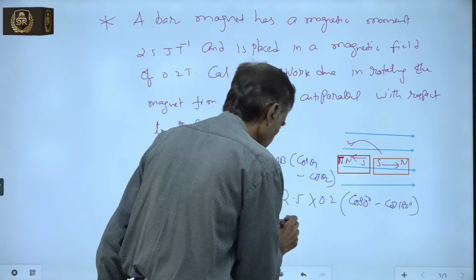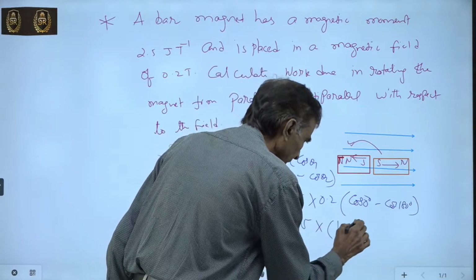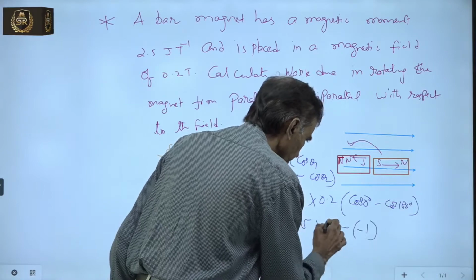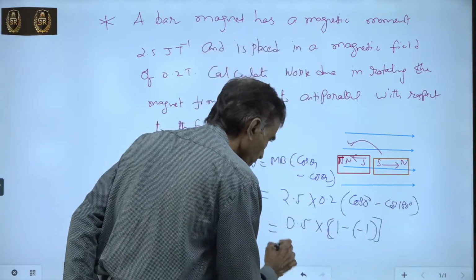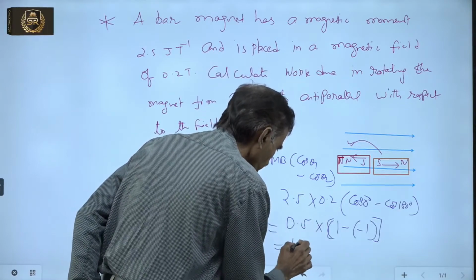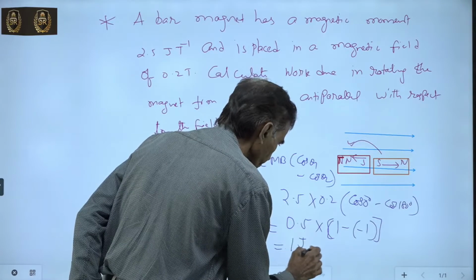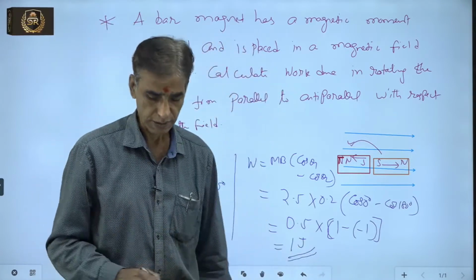So 0.5 into 1 minus of minus 1, because cos 180 is minus 1, that will be 2. Therefore, the work done is 1 joule, right?